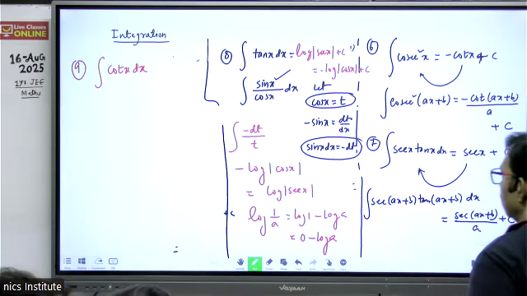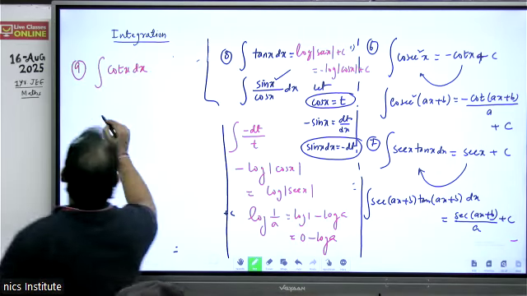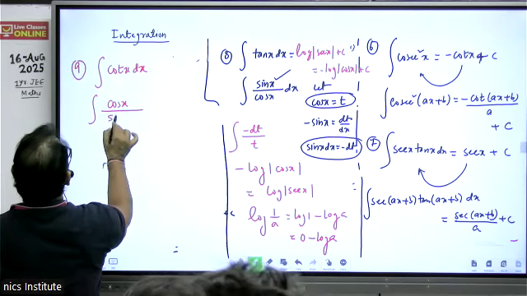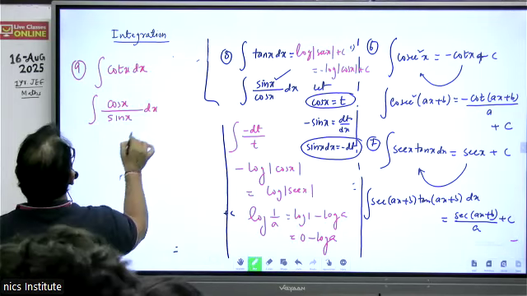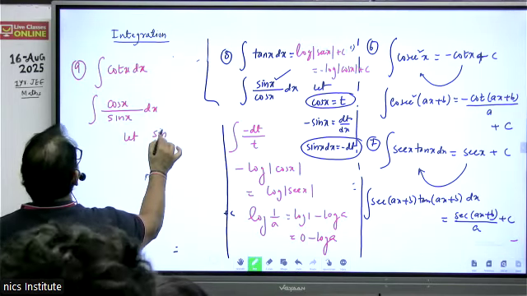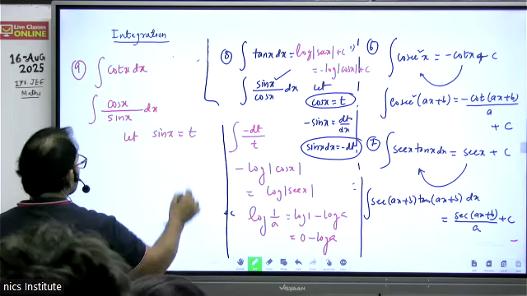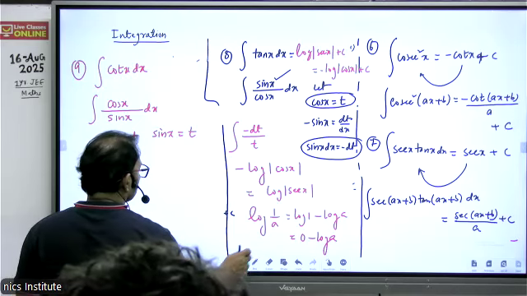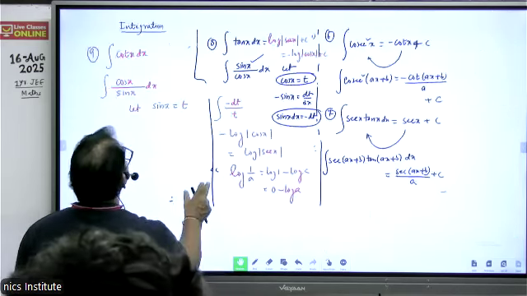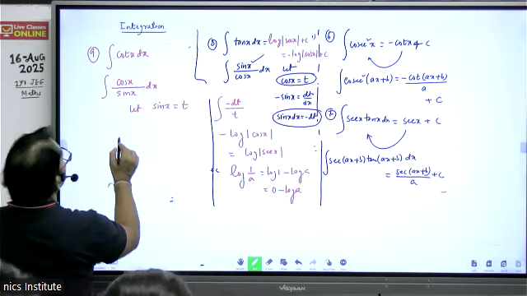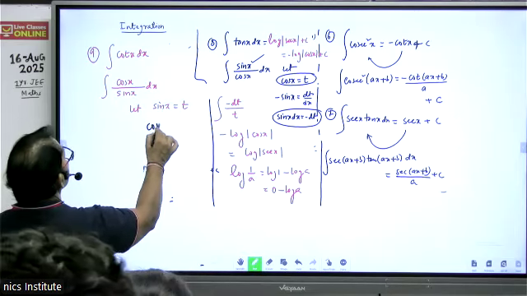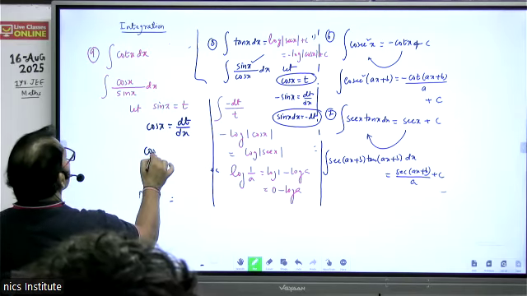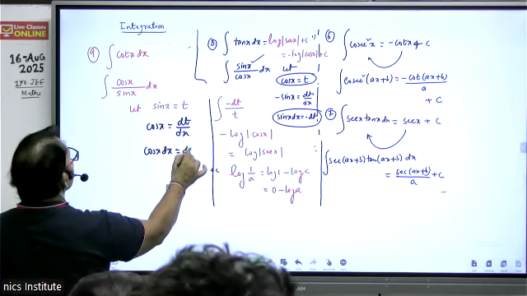Cot you can write as cos x by sin x. Now in the numerator you have cos x, which is derivative of sin x. So let sin x is equal to t. Differentiating with respect to x, cos x is equal to dt by dx, or cos x dx is equal to dt.